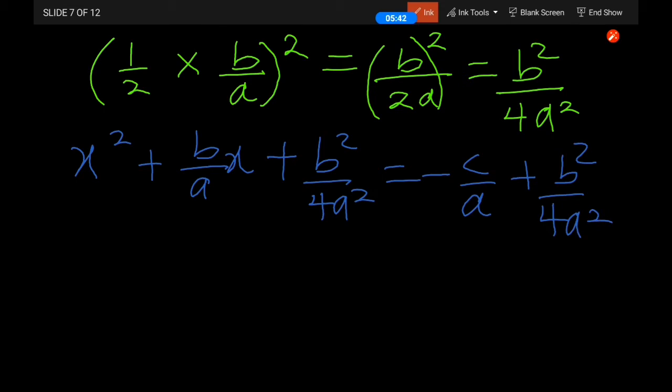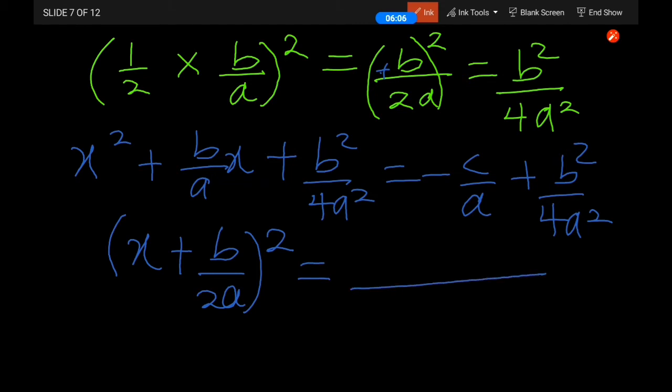Now, if you factorize this left-hand side, it's a perfect square, which is very easy to factorize. So we have x plus b over 2a, then all squared. So that's how to factorize that side. Then what is common here?